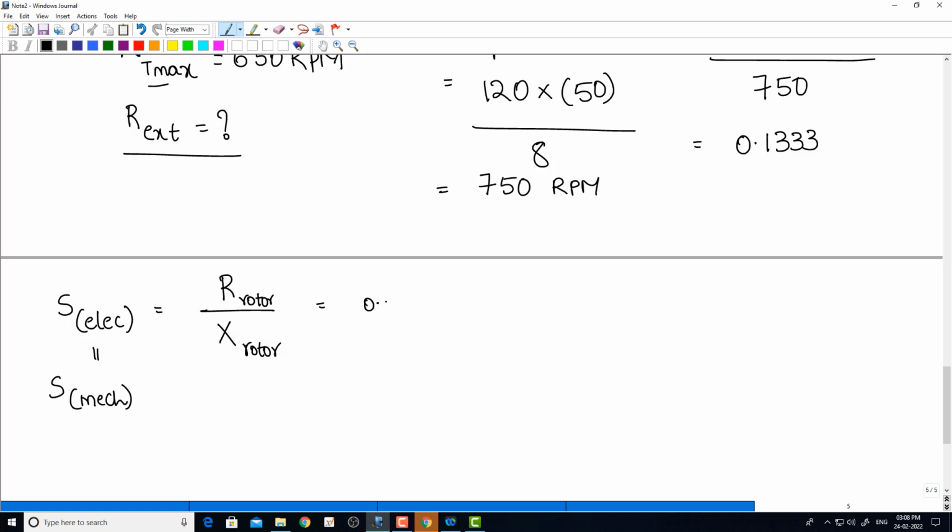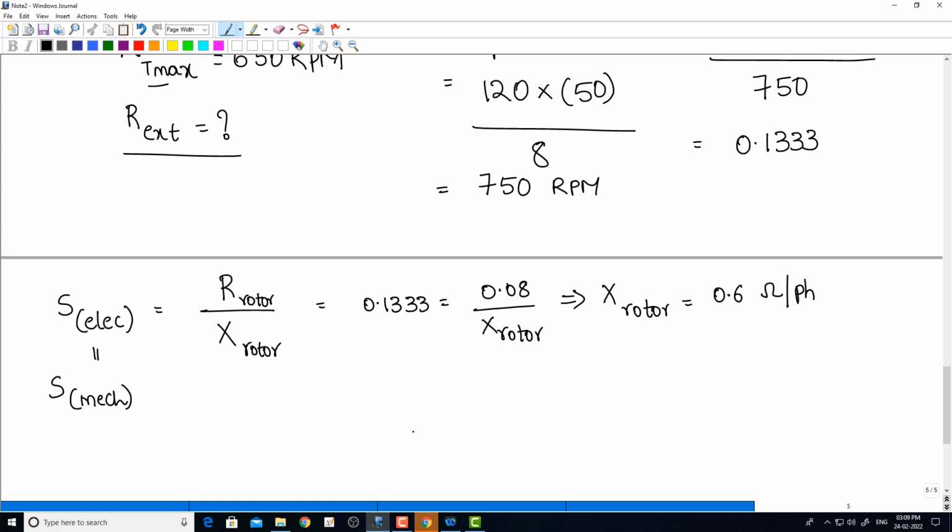So 0.133 is equal to the rotor resistance, which is given as 0.08 ohms, divided by the reactance of the rotor. After further simplification, X rotor is equal to 0.6 ohm per phase.